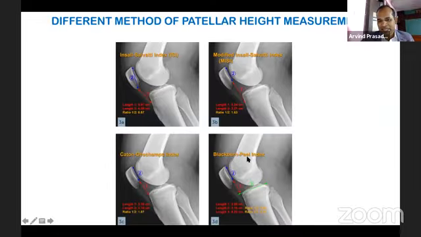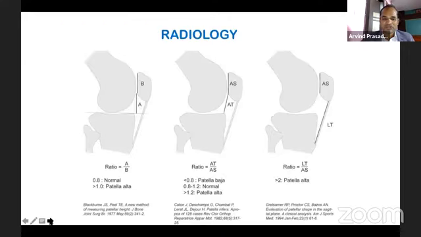Then recently the Blackburne-Peel index: the tangential line along the articular surface of the tibia, and the length between this point and the lower pole of the patella, to the articular surface length of the patella, is measured as a ratio. Usually Blackburne-Peel more than 1, Caton-Deschamps more than 1.2, or modified Insall-Salvati more than 2 is taken as patella alta.